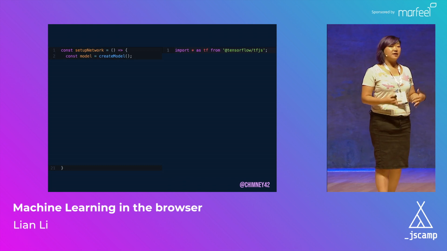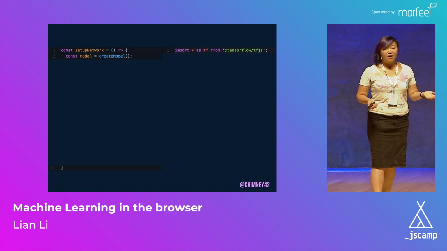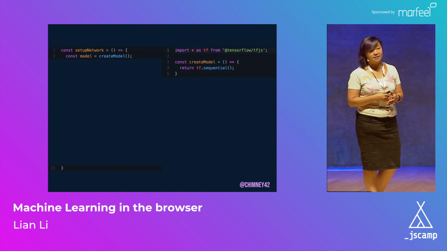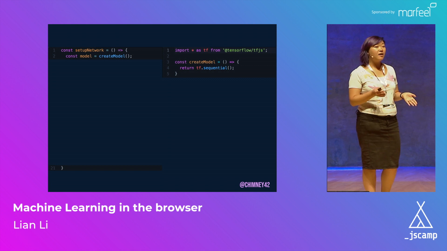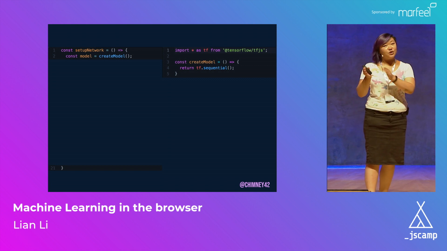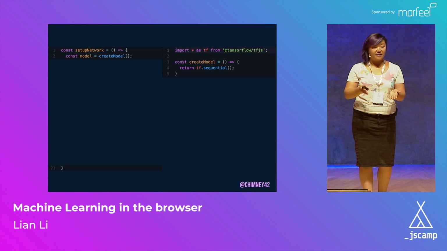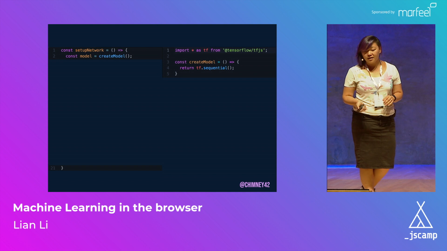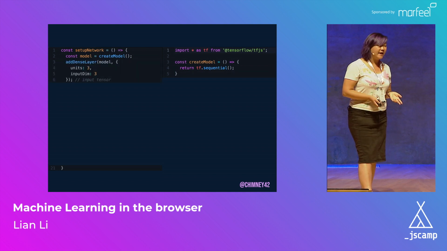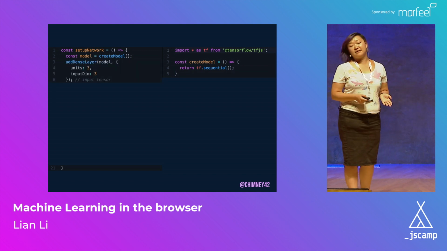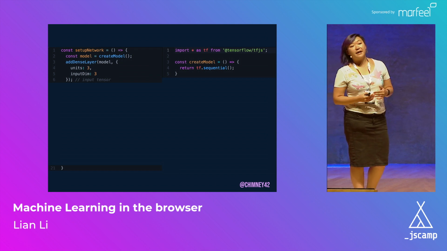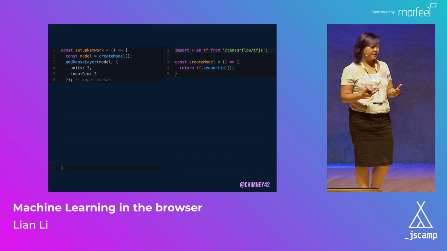So first, we need to create a model. All that is calling a function on the TensorFlow library that's called sequential, which means we have a model where we add layer sequences. So we add a layer, and then we add another layer, and the data runs through the model sequentially. Then to this model, we add a dense layer. In this case, the dense layer that we're adding has 3 units, so 3 nodes, which is because we have 3 inputs, the RGB channel.